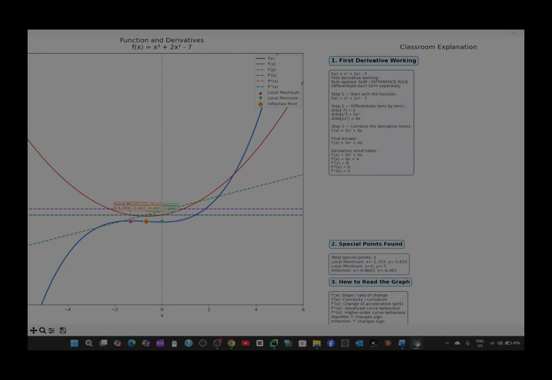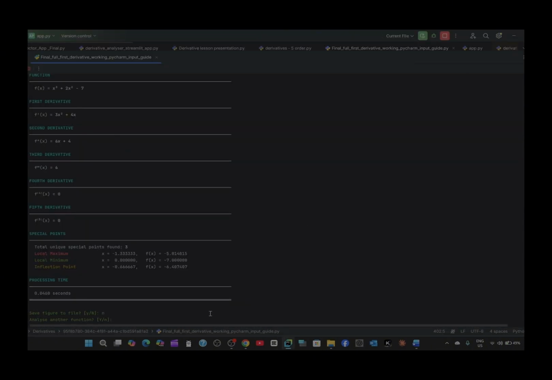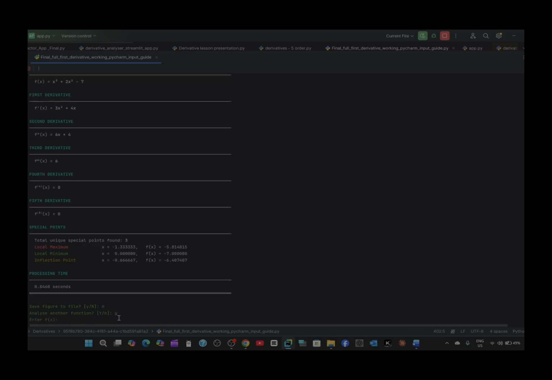Okay. So when you close this one, you come back to the screen again. Now we're doing a different rule. We'll change to a different one. Again, it asks if you want to do another function. Yes, you put in another function. Now we do the product rule, the chain rule. I do a quotient. Try the quotient rule, see how we're going to do.